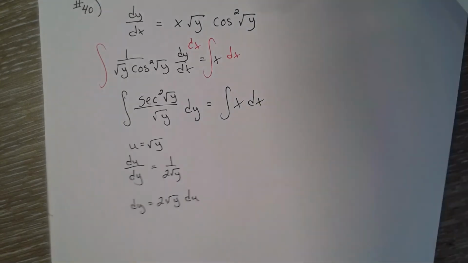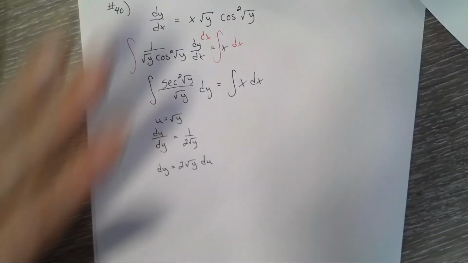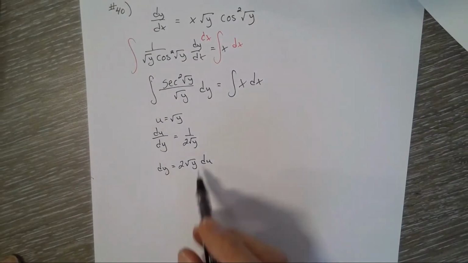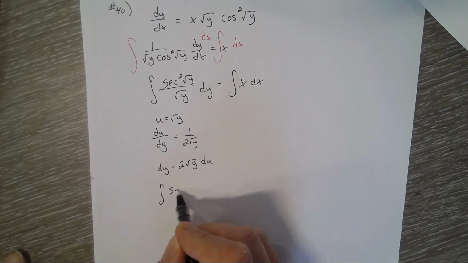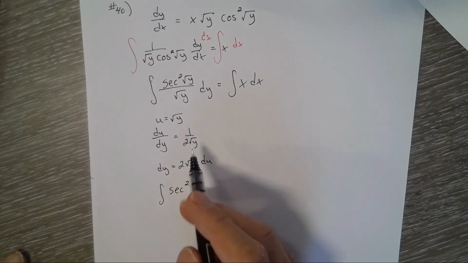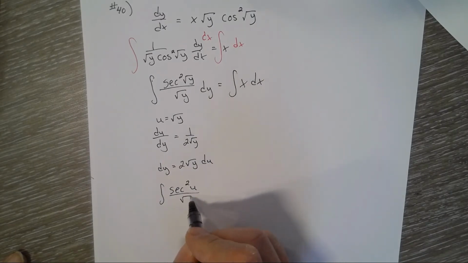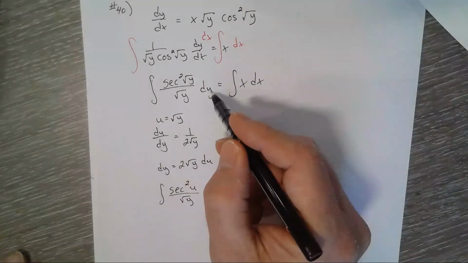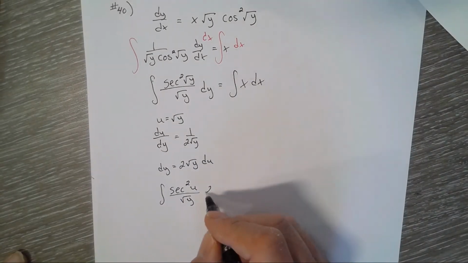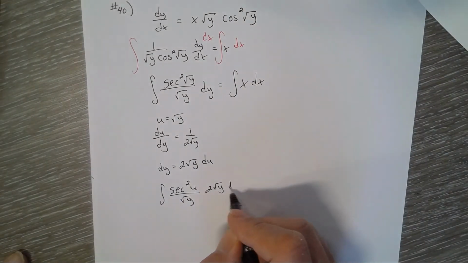Alright, so just working on the left side here, I have the integral of secant squared u over square root of y times dy, which is 2 square root of y du.